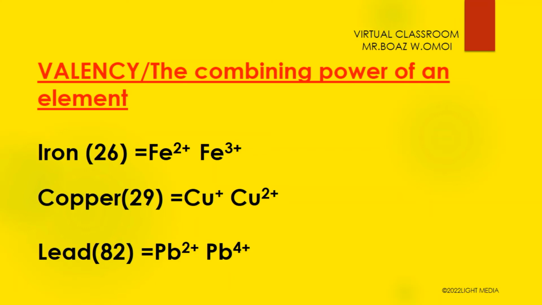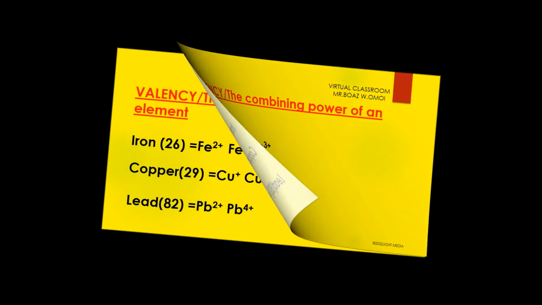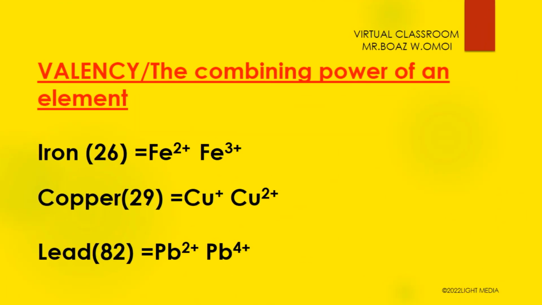Now lead also has 2 valencies. It has a valency of 2 or 4. So we can have lead 2 ion or lead 4 ion. Ensure you pay attention to those that I have mentioned. The 3 elements, iron, copper and lead, they have variable valencies, and we usually learn about them.